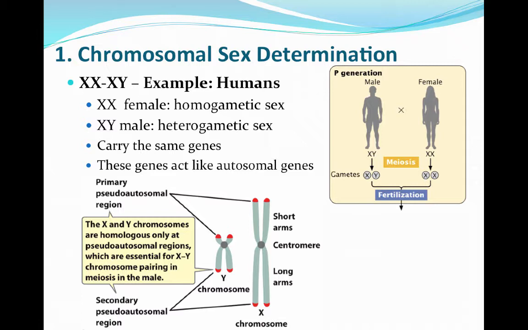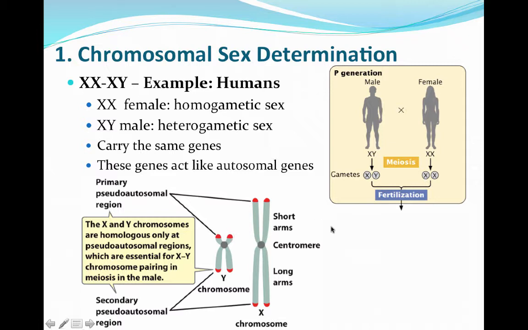Also realize that when sex chromosomes line up and find their pair in meiosis, they are only going to be homologous and have the same type of genetic material in the telomere region, the red portion of the chromosomes up here. That means that the gametic information at the telomere on the X chromosome and the Y chromosome is going to be the same.